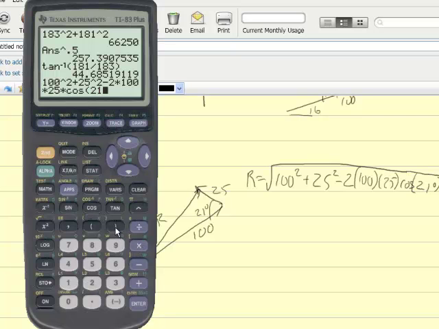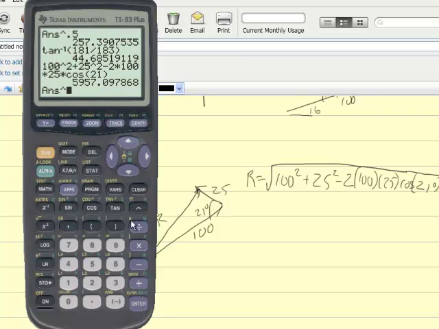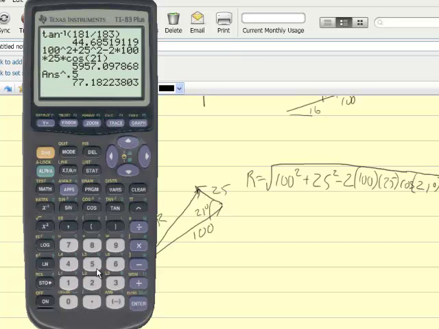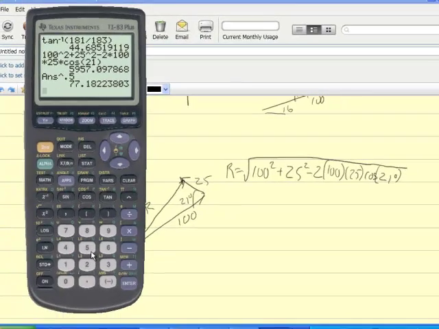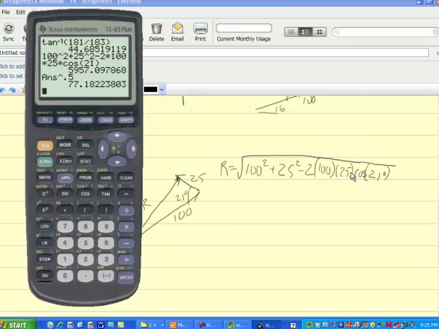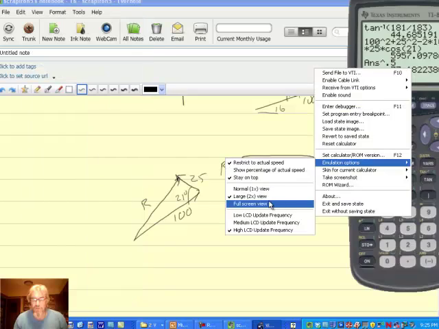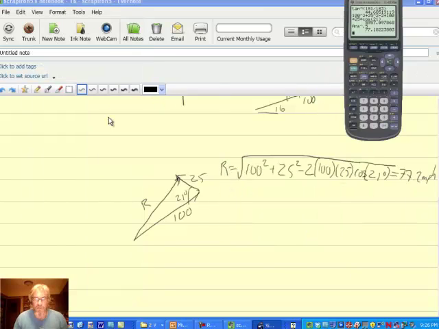And I need the square root of that, so I'll raise it to the 1/2 power. And here's my answer. The size of my resultant, the speed of my plane, ground speed, is 77.2 miles per hour.